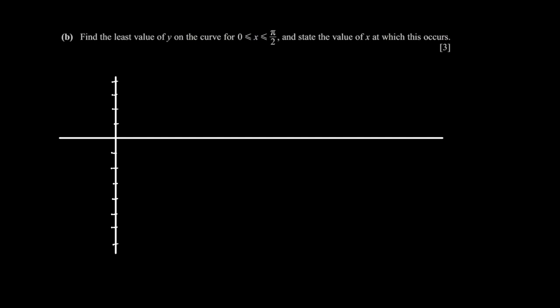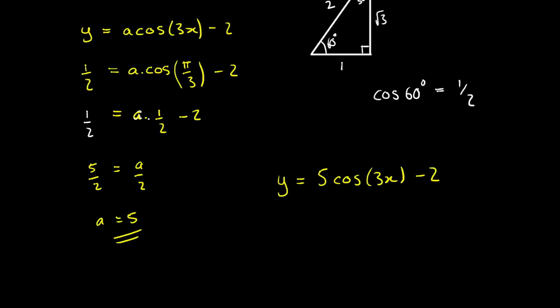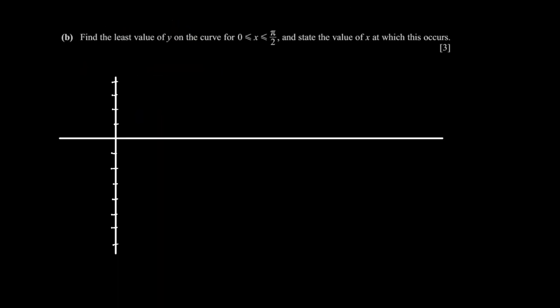Okay, so if we've got the curve y is equal to 5 cos 3x minus 2, we know that the whole curve has been shifted down by 2, and so that's going to be the center line. So y is equal to negative 2 is going to be the center line of our curve. Okay, and the amplitude, right, was 5. So we're going to go up by 5 from negative 2, which takes us to positive 3.